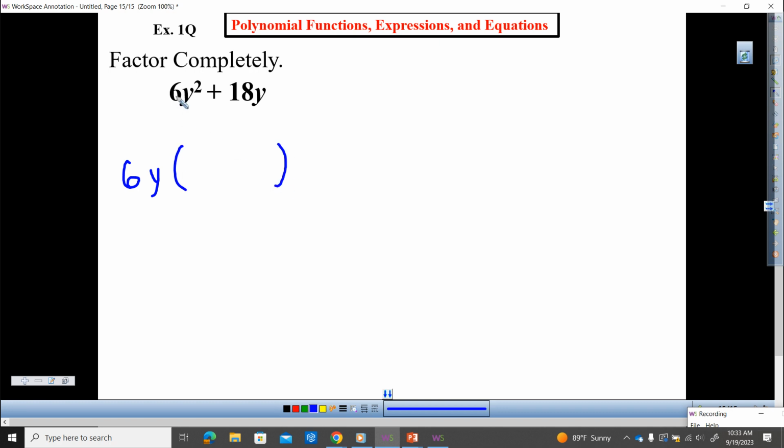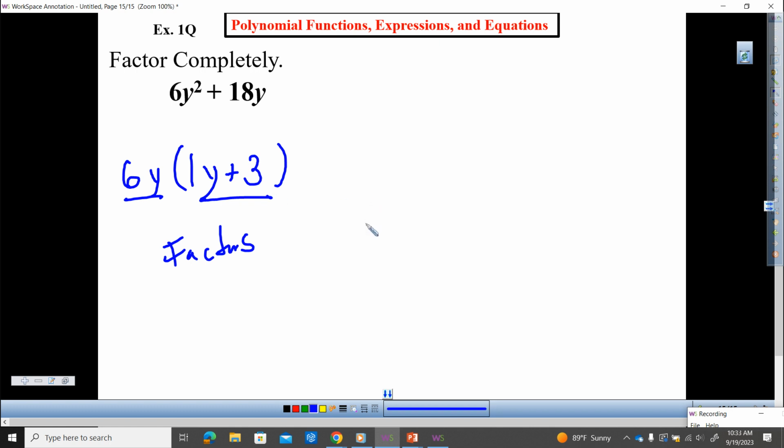So 6 divided by 6 is 1, so we're left with 1. We took out 1 y, so we're left with y. Plus, what is 18 divided by 6? 3, and the y we already took it out. So these are my what? Factors. This one and that one. How many factors? 2.